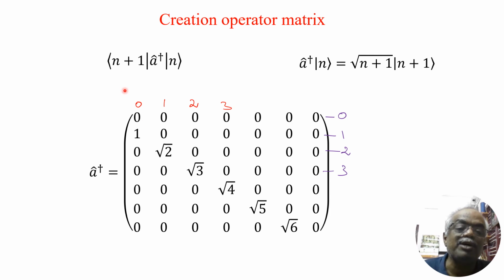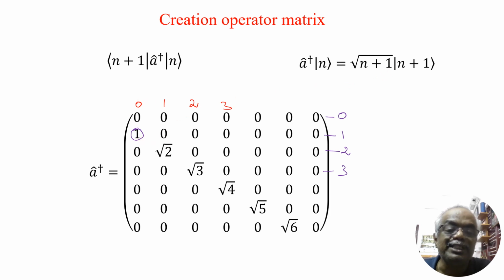So now you take n equal to 0. What will happen? N equal to 0 means the bra vector is n plus 1, that is 0 plus 1, the first one. Then n equal to 0 here, so zeroth column. So this will be 1. How is it 1? You know that n is equal to 0, this coefficient, 0 plus 1 is 1. Square root of 1 is 1.